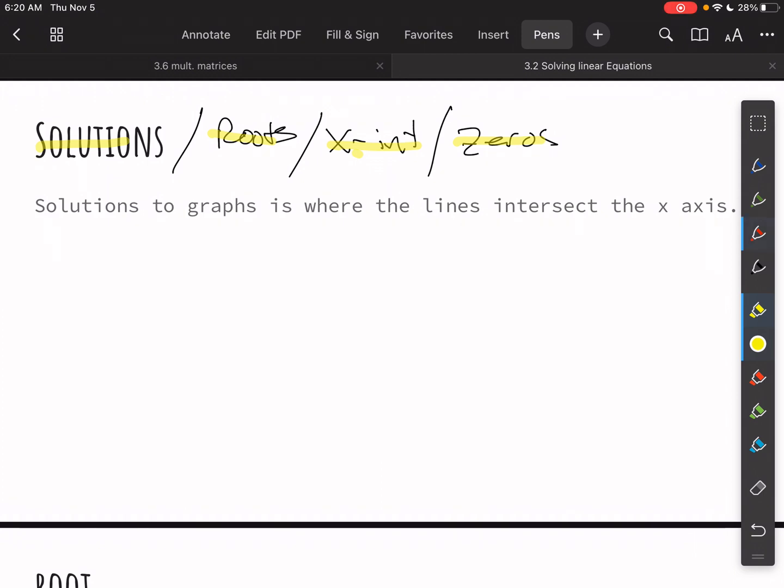What they're trying to get you to see is that when we're graphing lines, okay, so just put a picture of a line here. The solution to just a standard straight line, when you're graphing it, is always going to happen right here, maybe I'll do that in blue, right here, right where the graph crosses the x-intercept.